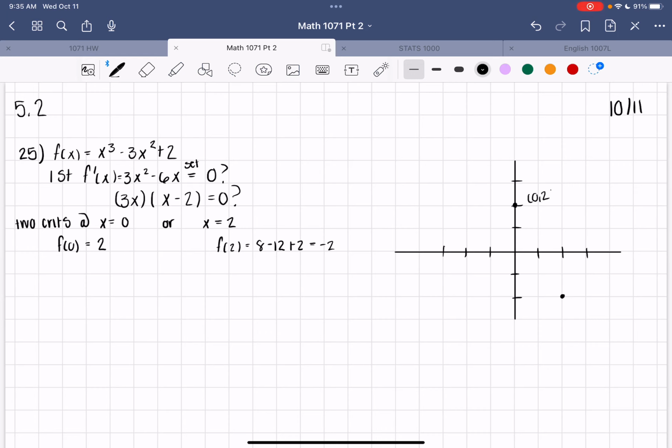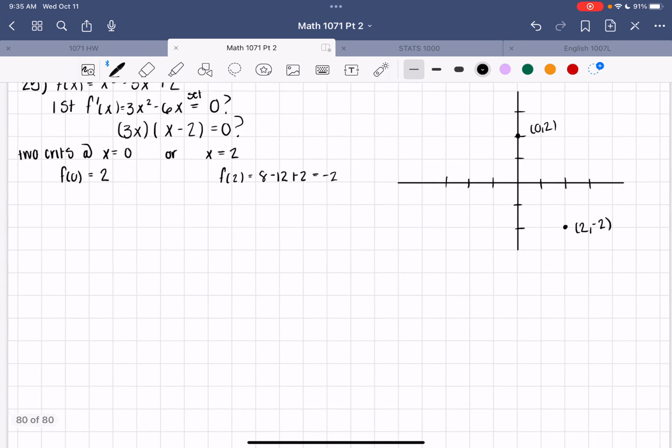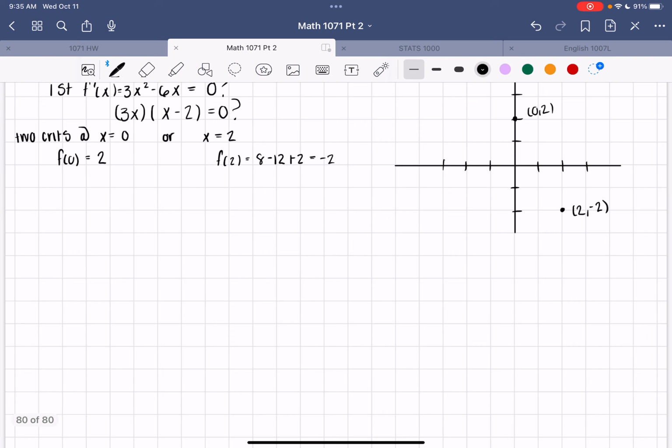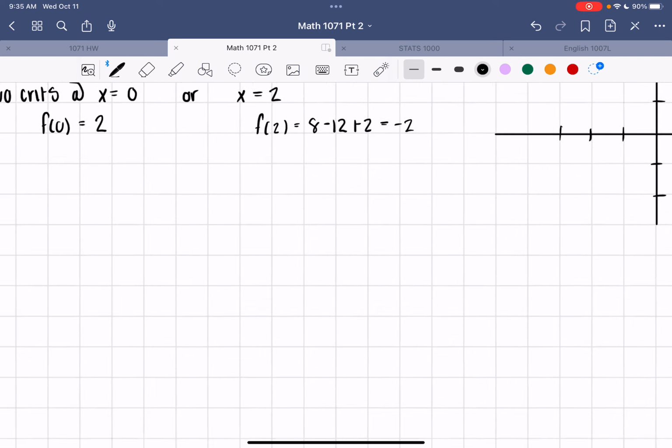I wrote this wrong. I said left of 0. Sometimes I have students actually using the word. That's fine. If you want to say left, between, right, that's fine. So let's take negative 1. F prime of negative 1.